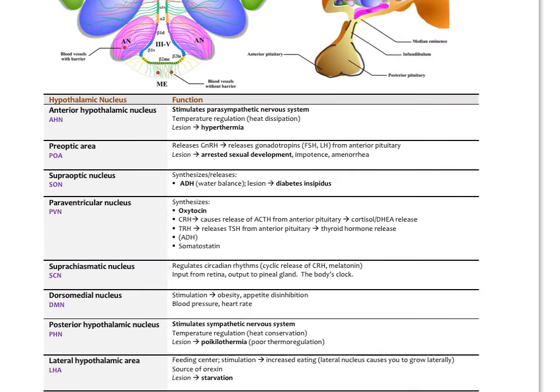Sorry, it's not all together here. So posterior hypothalamic nucleus, this is really where your sympathetic nervous system is regulated. And when this area is activated, it tends to increase heat production in the body. And so lesions here would result in poor thermal regulation. So that's the anterior and posterior hypothalamic nuclei.